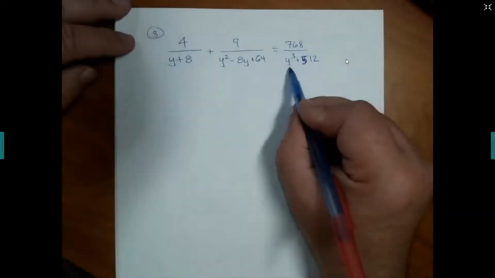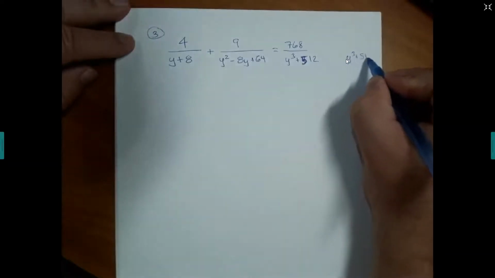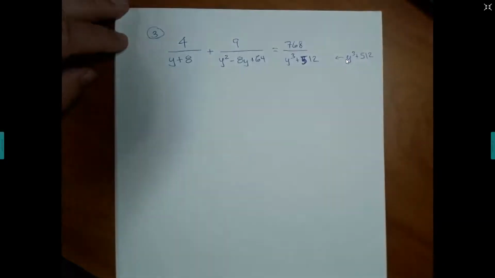Yeah, so it's y cubed plus 512. That's what that one says.